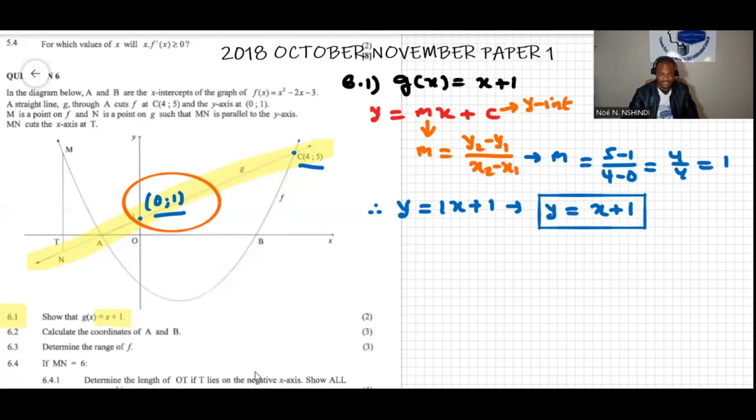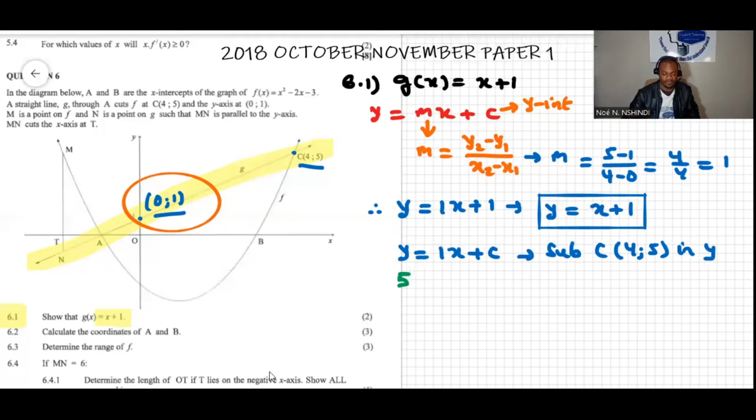Proven. In case you are unsure, you can just write y equal to 1x plus c. Now sub in any point in the straight line. You can sub the point (4, 5): sub 5 for y and 4 for x.